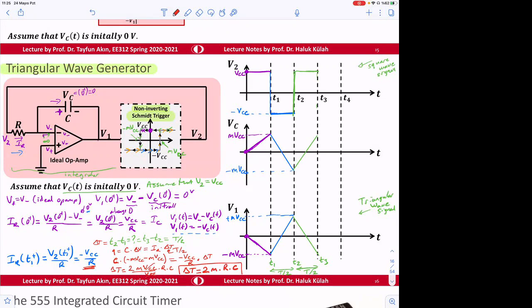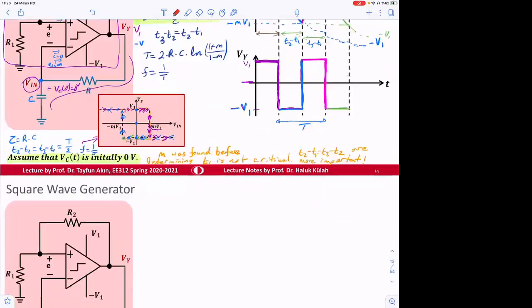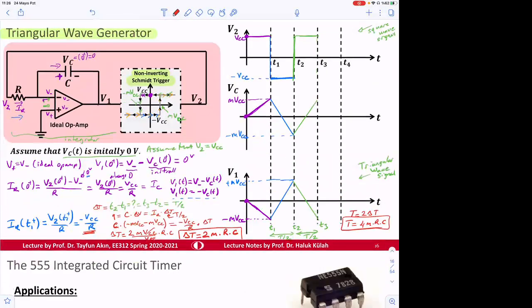And of course, T will be 2 of these. T will be equal to 2 delta T. Therefore, it is equal to 4 times m times R times C. From here we find the value of T, and the value of T gives us the frequency of operation.